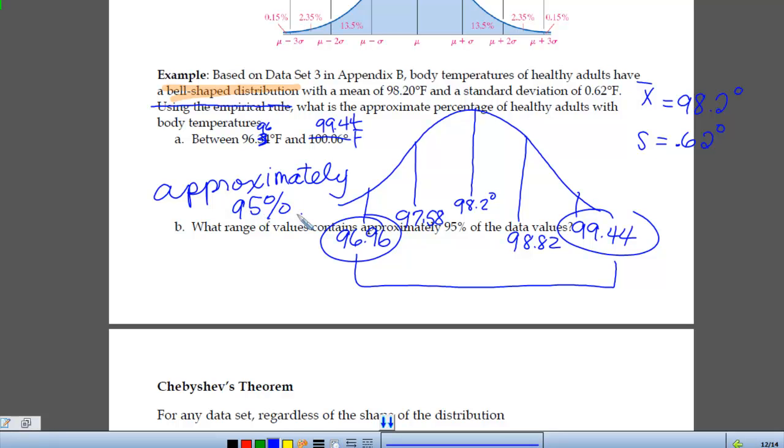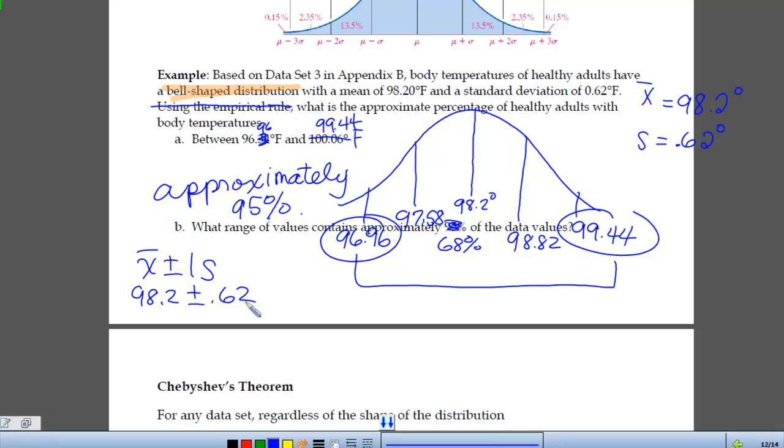All right? Questions about that? Okay? And then we could turn it around. Let's change to 68%. If we wanted to know what's the range of values that contains about 68% of our values, we'd look at how many standard deviations? 1. So we would look at x bar plus or minus 1s, or 98.2 plus or minus 0.62.